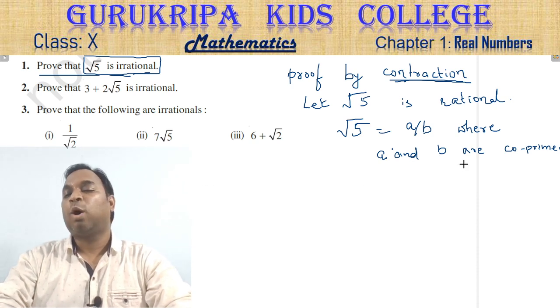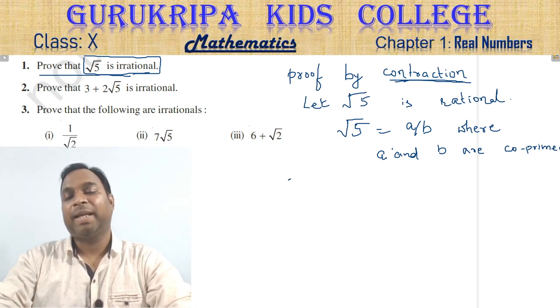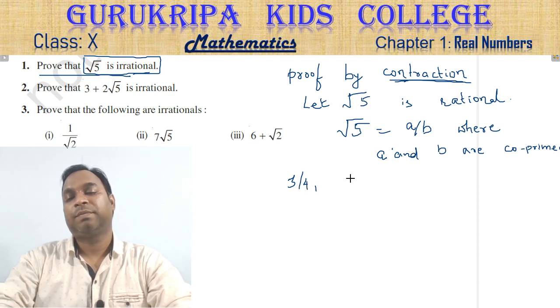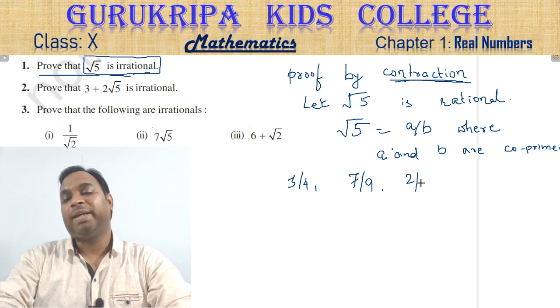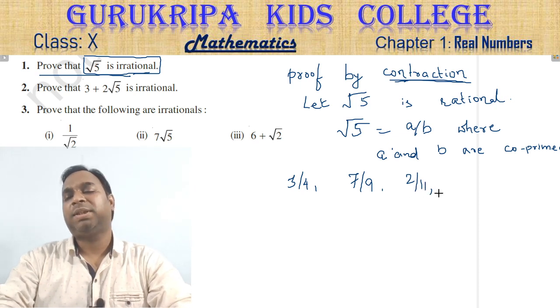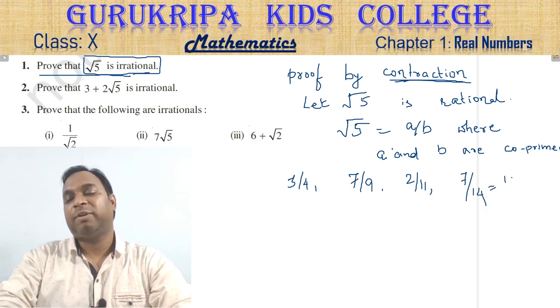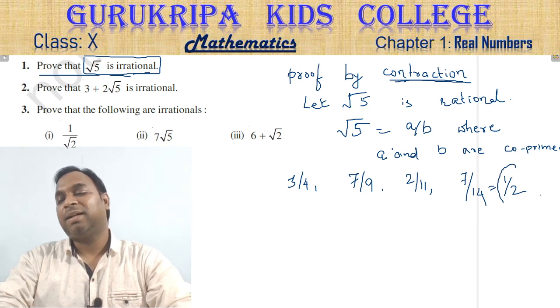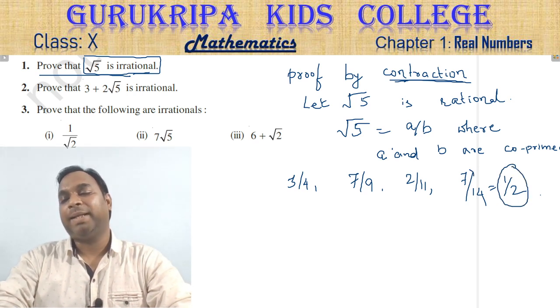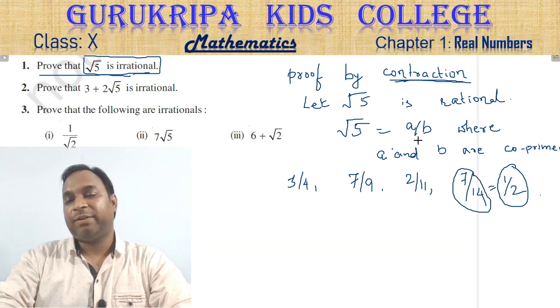Co-prime means there is no common factor between A and B, as in 3 by 4, 7 by 9, 2 by 11, something like that. There is nothing common. You cannot write 7 by 14 because 7 by 14 will be equal to 1 by 2, isn't it? So these are numbers which are co-prime, and 7 by 14 is not co-prime. So we write square root 5 in the form A by B.